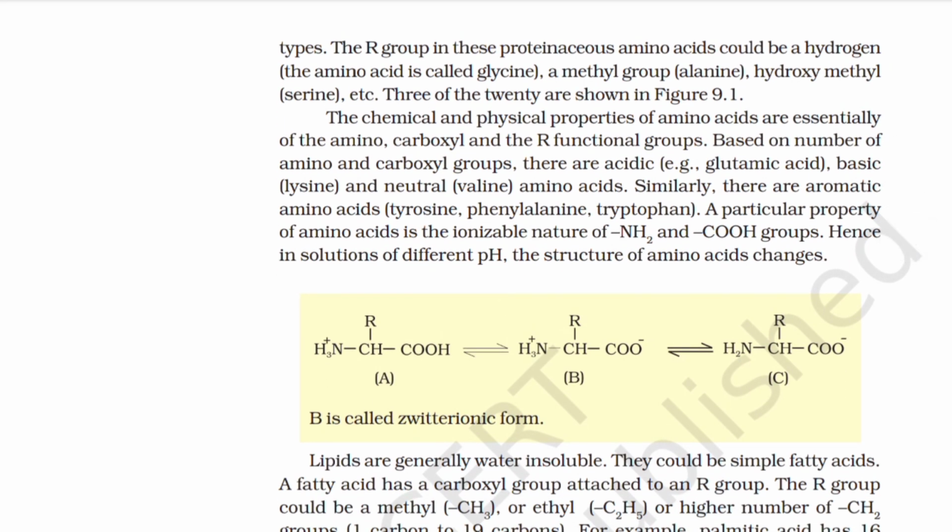The R group in these proteinaceous amino acids could be a hydrogen, the amino acid is called glycine; a methyl group, alanine; hydroxymethyl, serine, etc. 3 of the 20 are shown in figure 9.1.